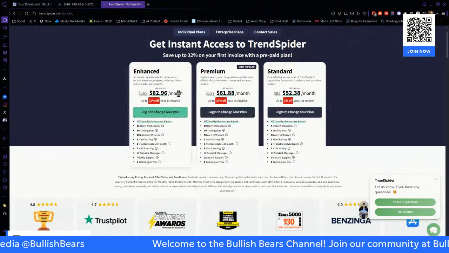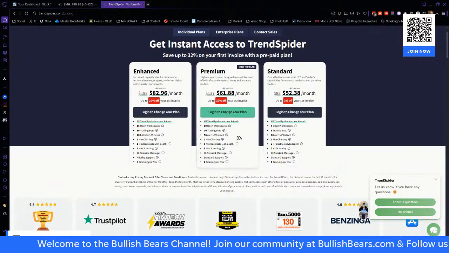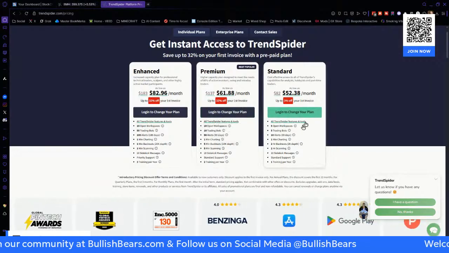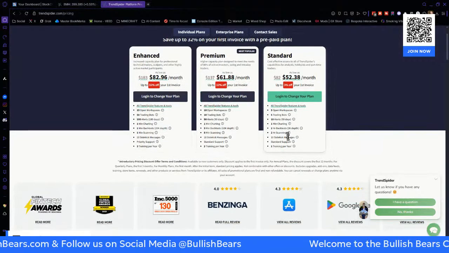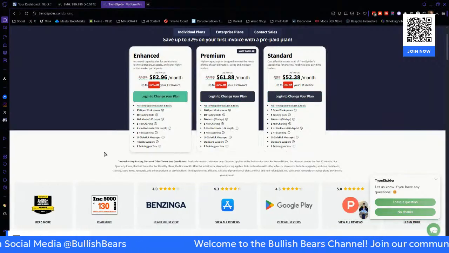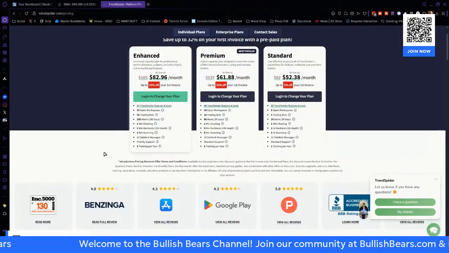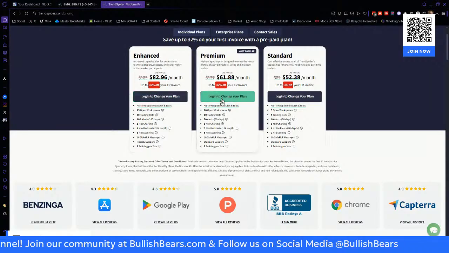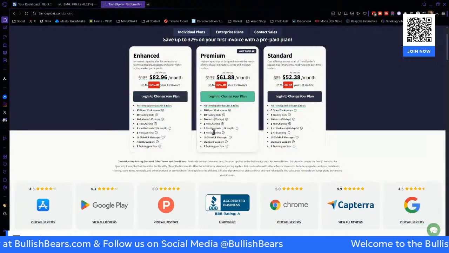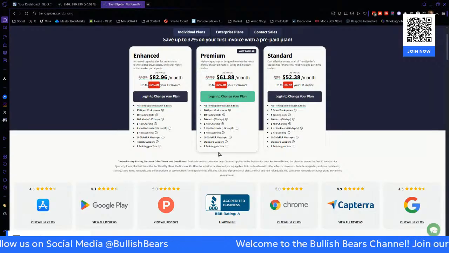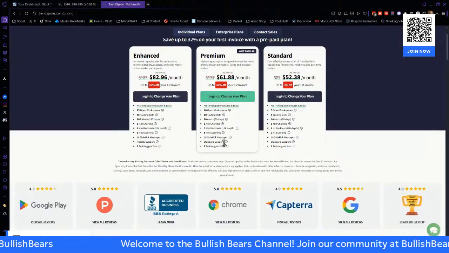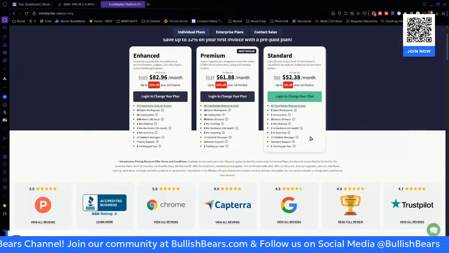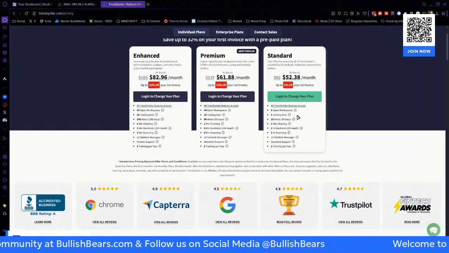There's no reason to go for the upper end unless you read the standard and you're like, nah, that doesn't have what I'm looking for. Then go to the premium. The premium has 5-minute back test, 5-minute scanning, 1-minute charts. That's pretty good. 50 alerts, 10 trading bots, and 10 workstations. And the standard doesn't have that.